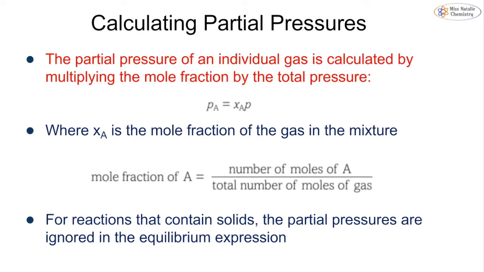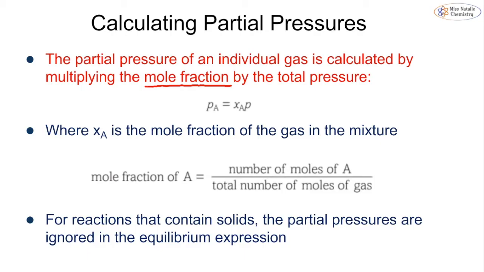Another reason why we have to be aware of whether it's Kp or Kc is because Kp requires some additional steps, actually calculating these partial pressures. So the partial pressure of an individual gas is calculated by multiplying the mole fraction by the total pressure, i.e. of your total moles, how much of it is a specific gas, and then we multiply that by the pressure.